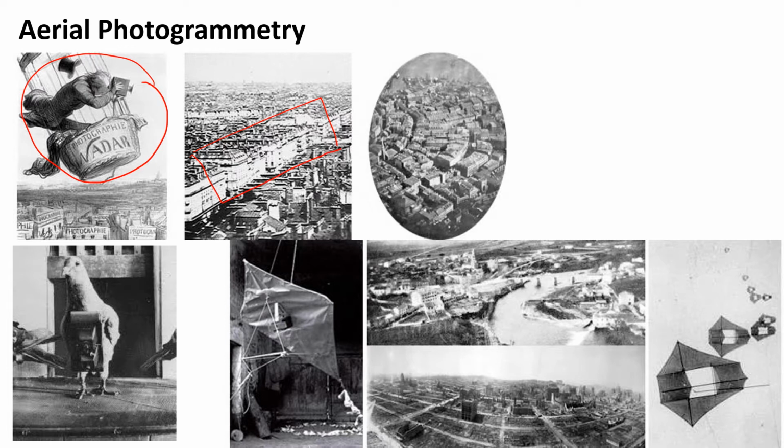Then, as this concept evolved, they said instead of balloons we can take kites. You can see a camera attached to the kites, and the kites will be flying and taking more pictures because they can go to higher heights than air balloons. Then they wanted something used remotely, especially during the World War.